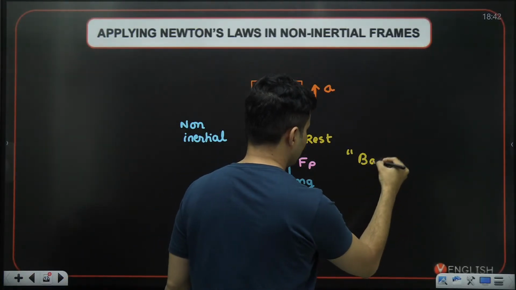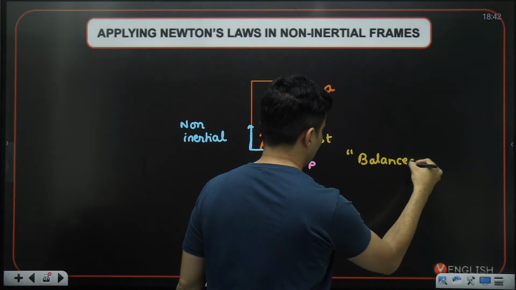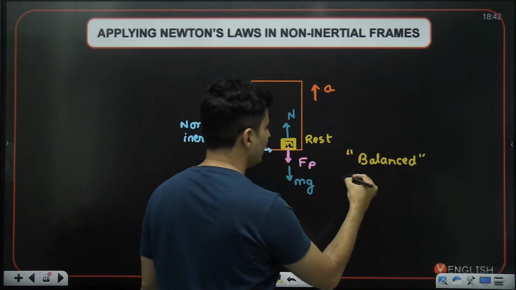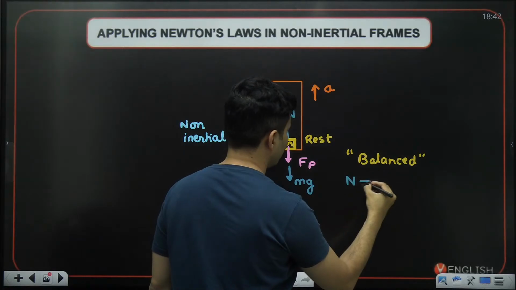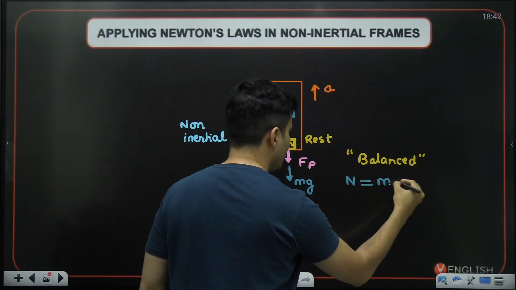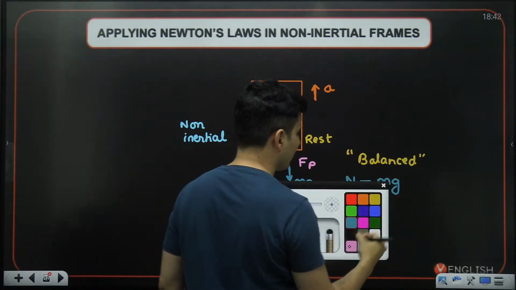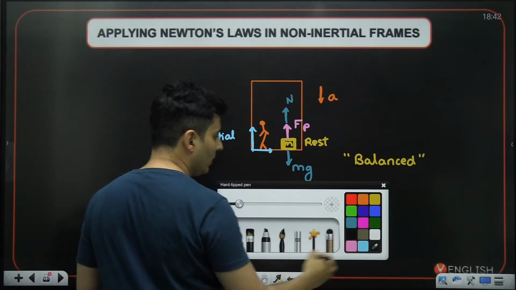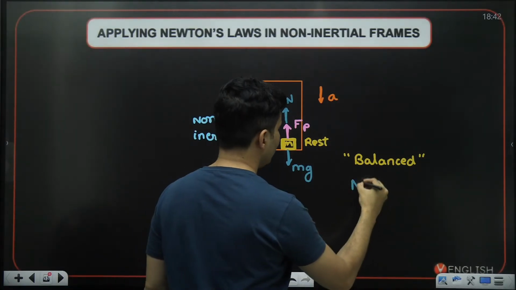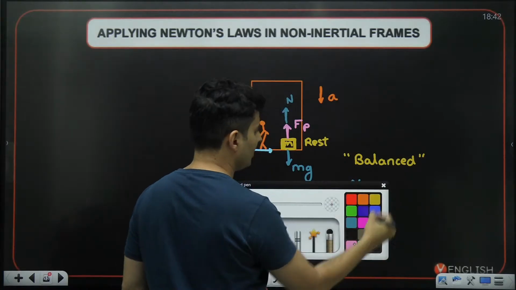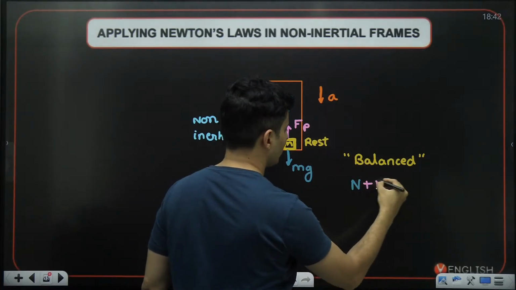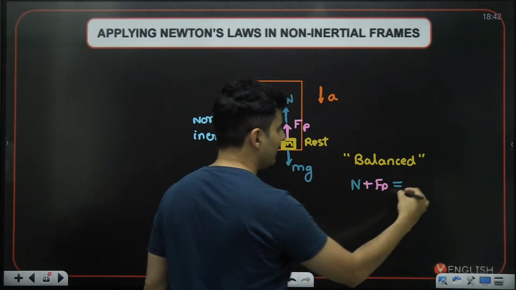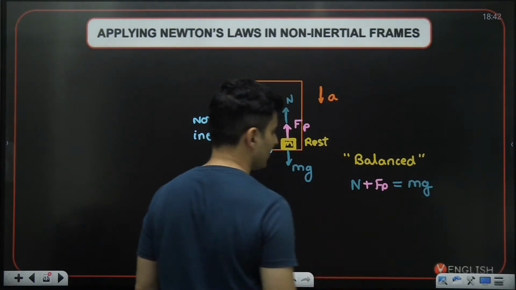So normal is being balanced by mg and one extra pseudo force. In the second scenario, normal is there, and in addition to that, pseudo force is also there upwards. Those two together are balancing mg, which is downwards.